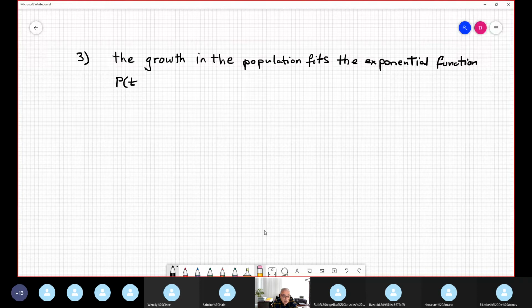Population at any time is equal to 346 e to the 0.05 t. Remember, the general formula is population at any time is equal to P null, e to the kt. P null is 346, I suppose the initial population, and k is the rate of change, 0.05.